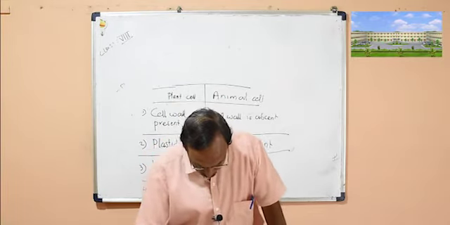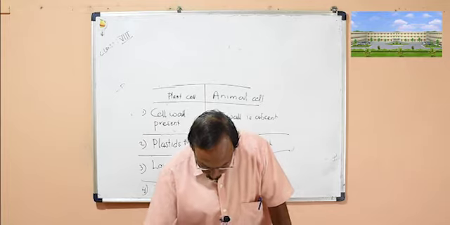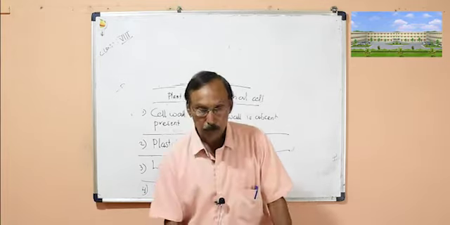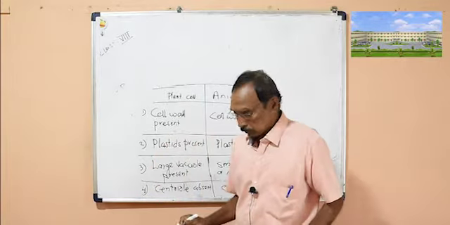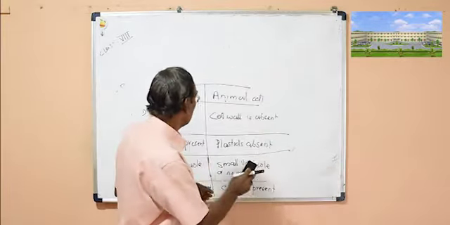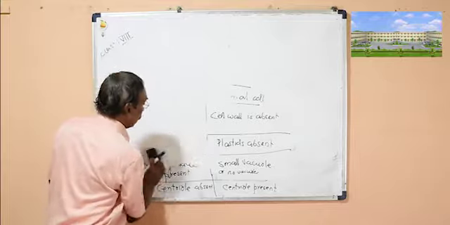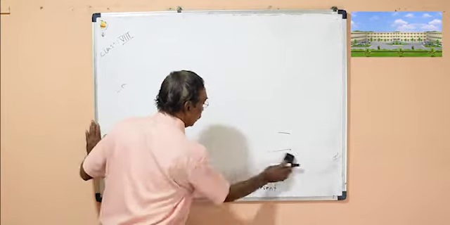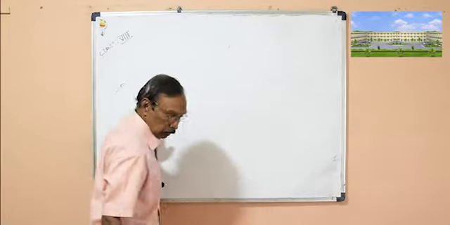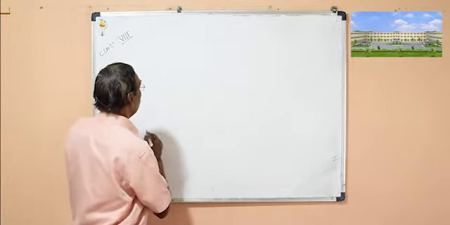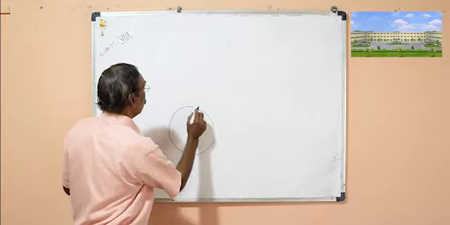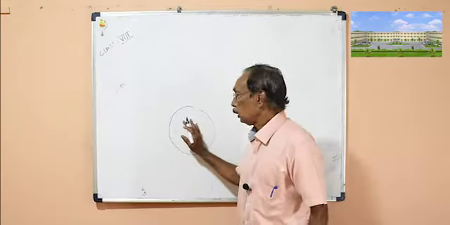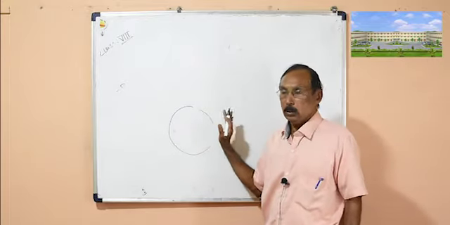You write that answer yourself. Third question, what would happen if plasma membrane ruptures or breaks down? Plasma membrane is the outermost part of a cell, especially in animal cell. If it is completely broken down, all the cell contents will go out.